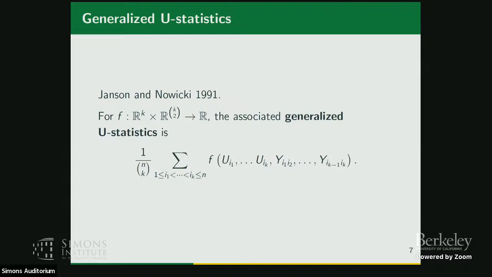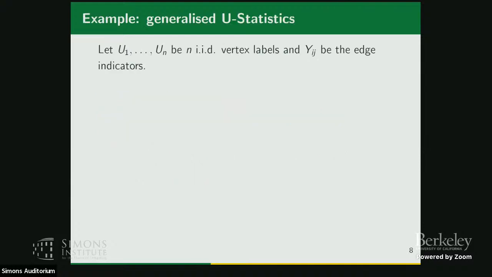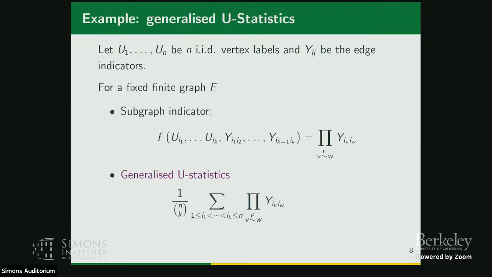And how they are useful for random graphs is from our construction. Let's say you have U1, U2, ..., Un be the i.i.d. vertex labels and Y_ij be the edge indicators. Now you can define the subgraph indicator in the following way.